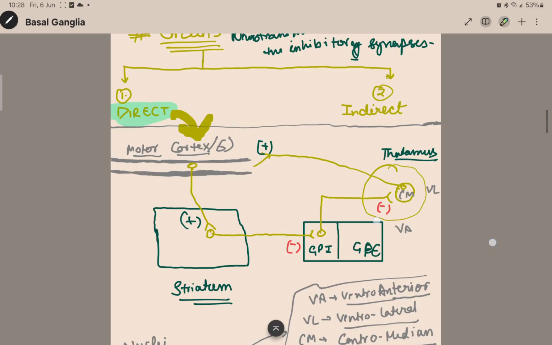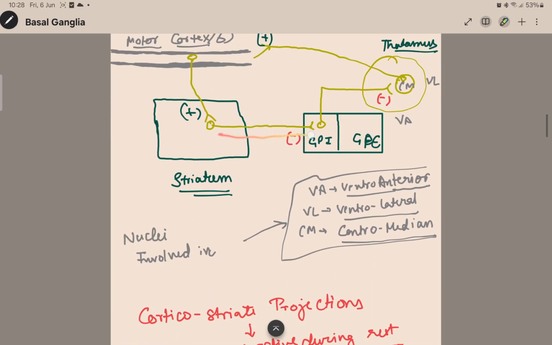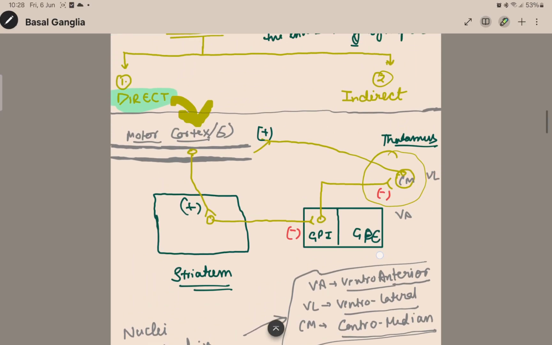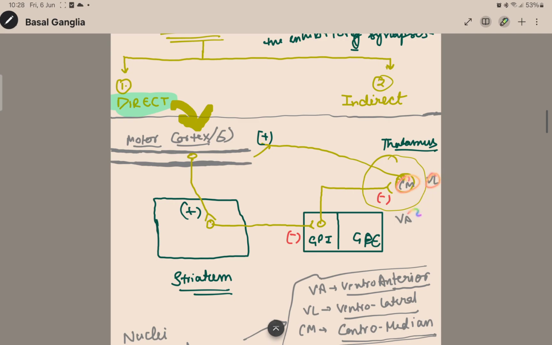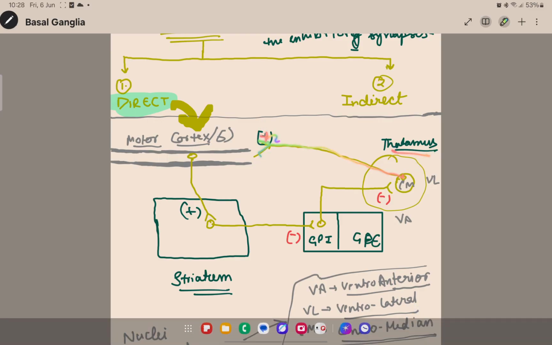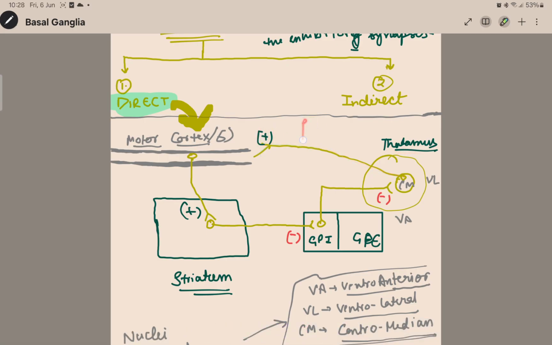So it inhibits the GPI through its striatopallidal projection, which inhibits the pallidothalamic projection, which relays to the centromedian, ventrolateral, and ventroanterior nuclei of the thalamus. These nuclei of the thalamus further facilitate the motor cortex and facilitate the desirable movement.